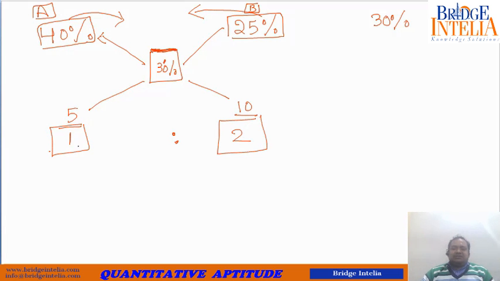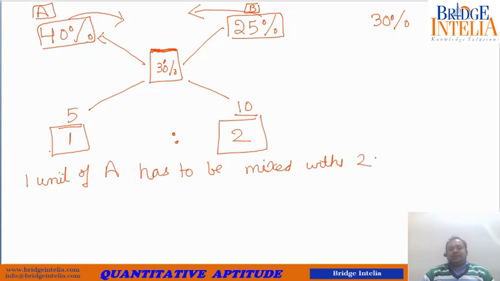So this ratio tells us that 1 unit of A has to be mixed with 2 units of B. So this way, first you have to find out the ratio.